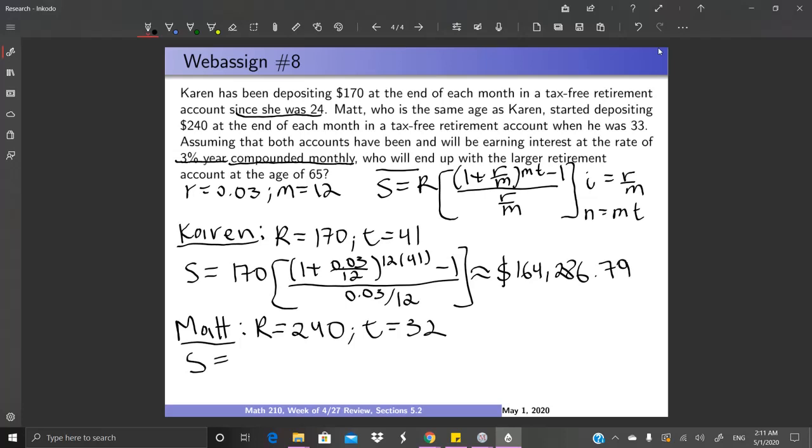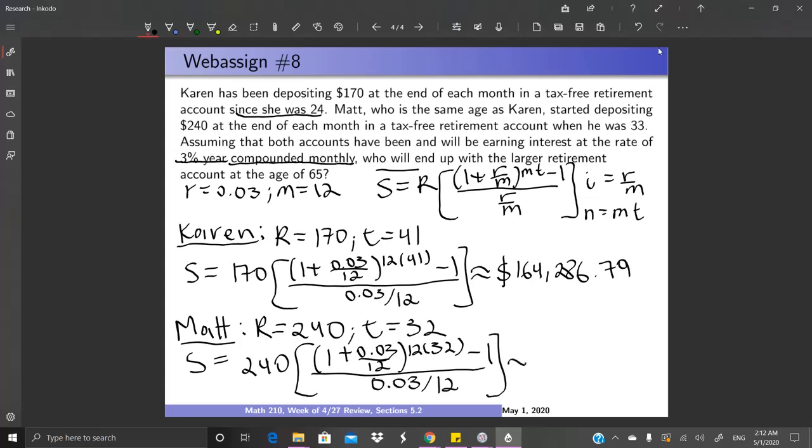So we say S is equal to 240 times 1 plus 0.03 divided by 12. This part is the same, except now we have it to the power of 12 times 32. Subtract 1 and divide the whole thing by 0.03 divided by 12.